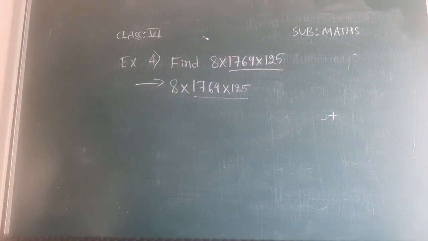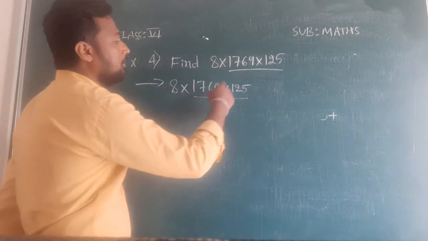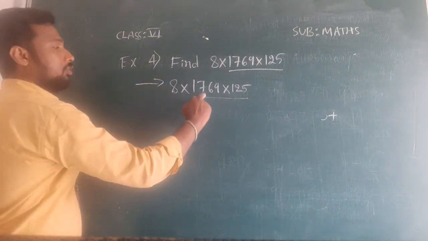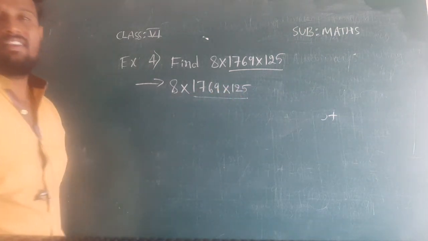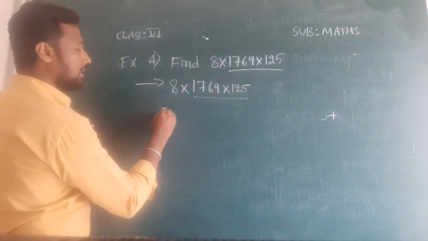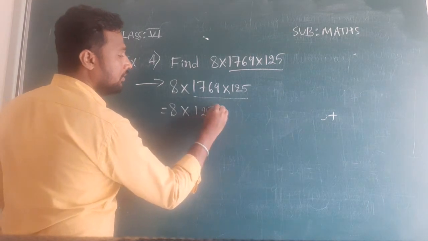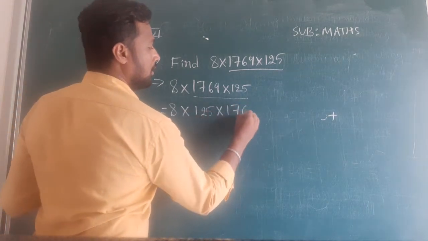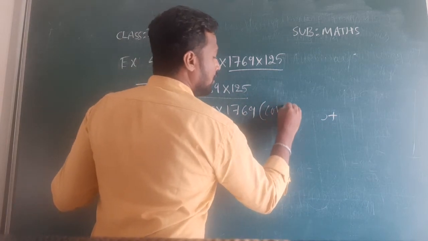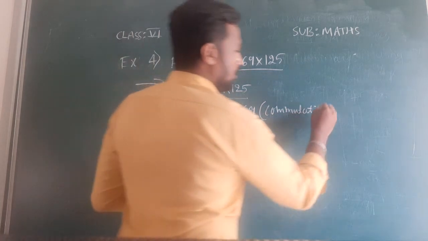So 1769 into 125 can be written as 125 into 1769. We will just interchange these values. So I will write here 8 into, first I will write 125 into 1769. This is according to the commutative property of multiplication.